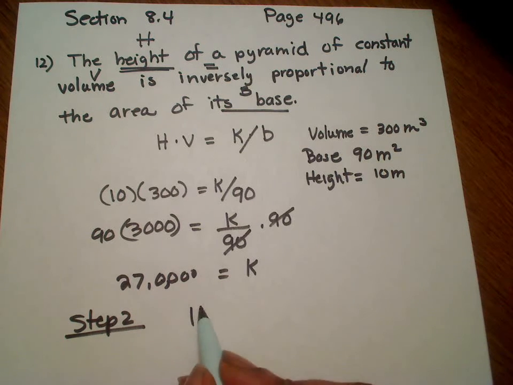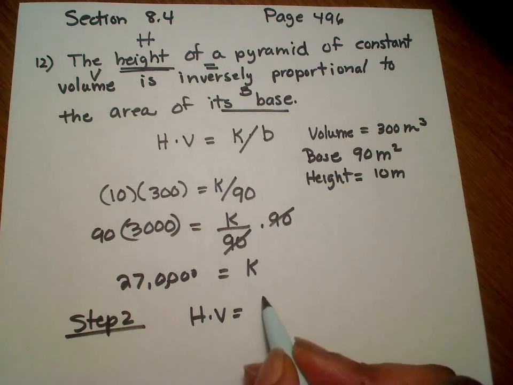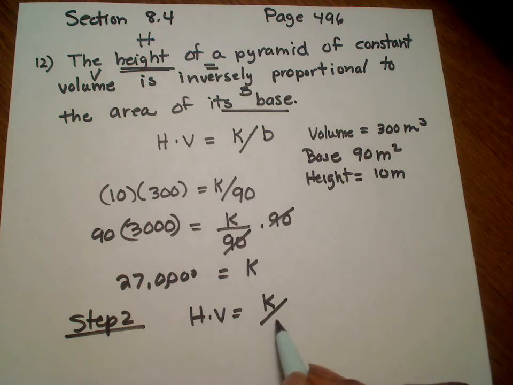Same formula, h times v is equal to k over b, but what we want to do now is go back and look at the information that they gave us for the second part. So now we're going to have 300 for the height.